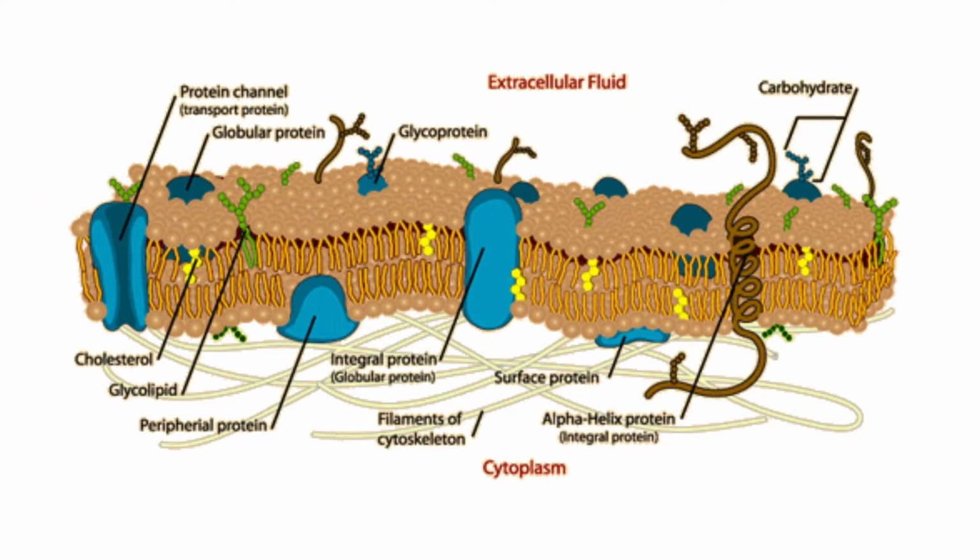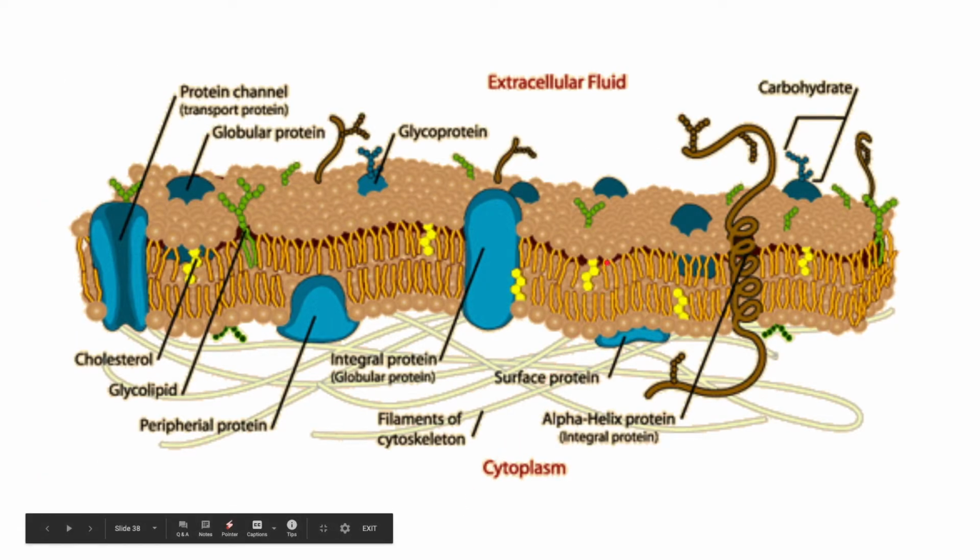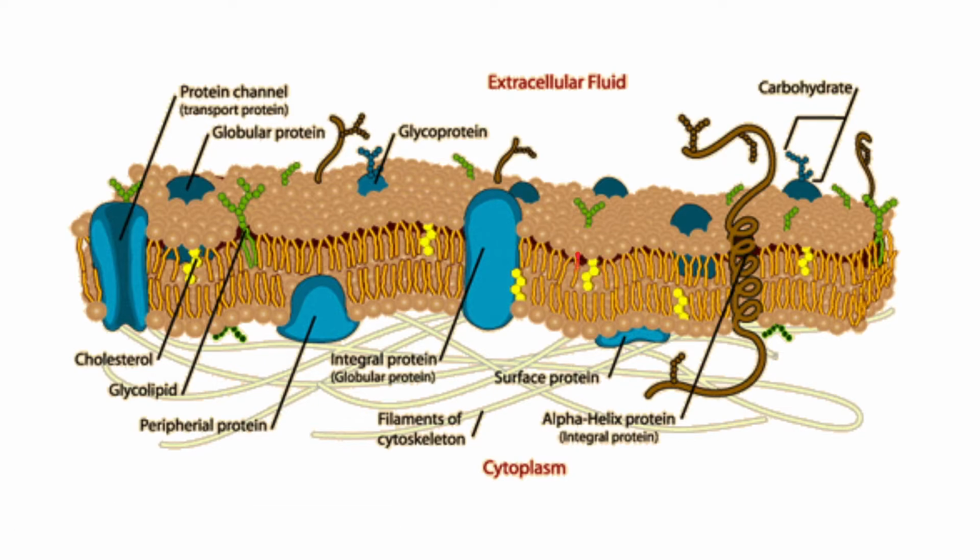And here's that cell membrane with all these bright yellow little tails that come off of these tan phosphate groups. Those are the fatty acids, the bright yellow portions right there, coming off of those tan phosphate groups.